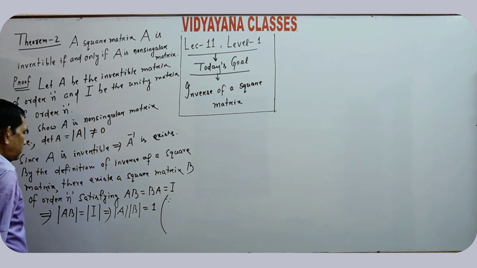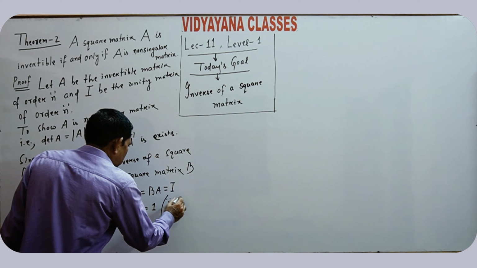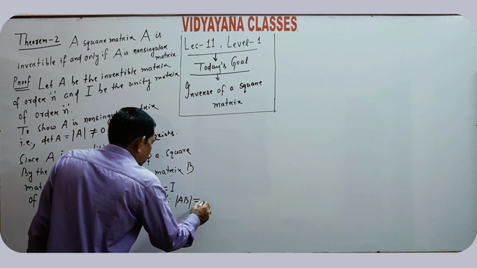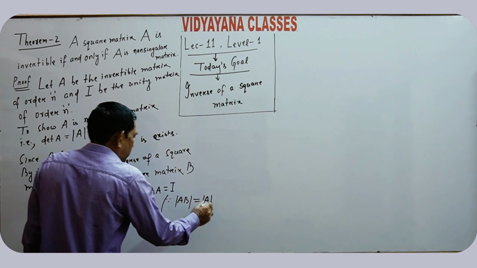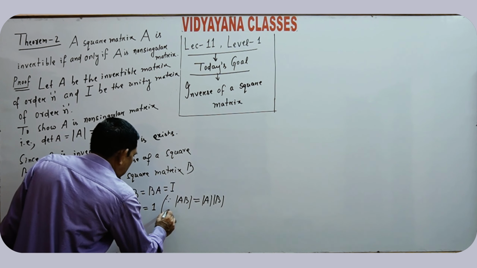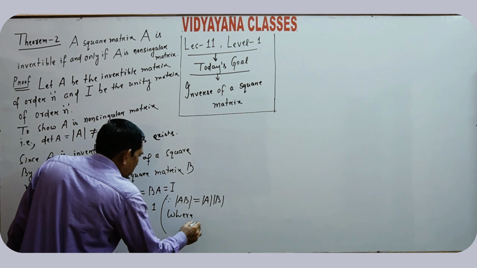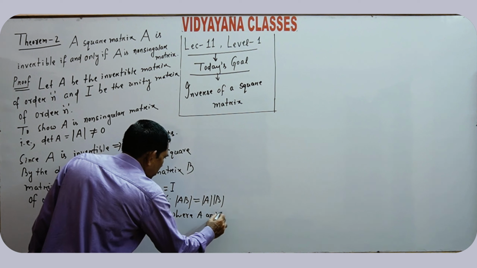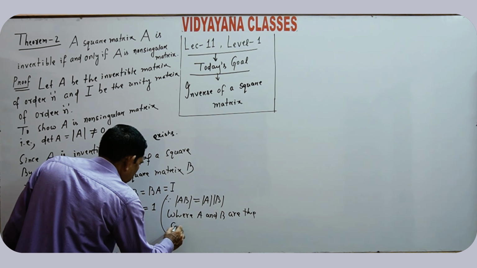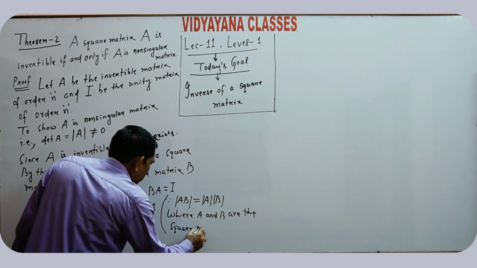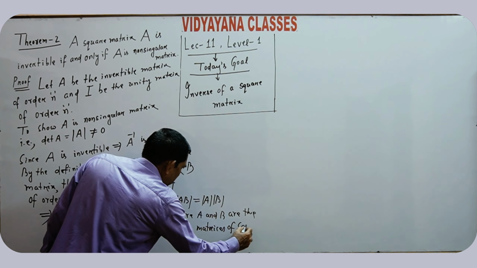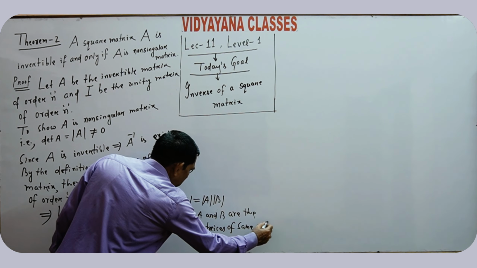Since determinant of AB is equal to determinant of A into determinant of B, where A and B are the square matrices of same order.